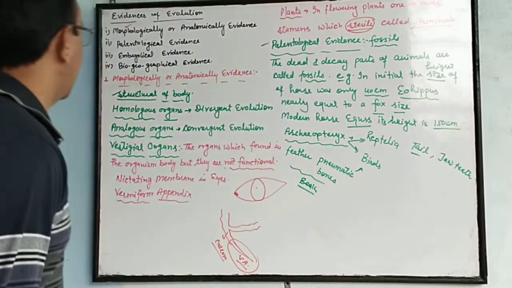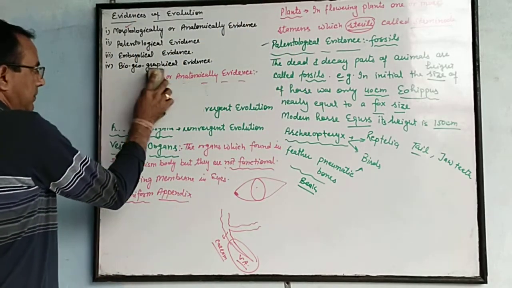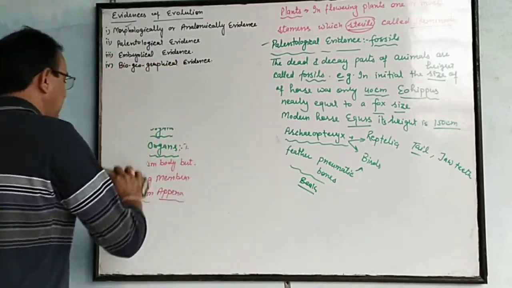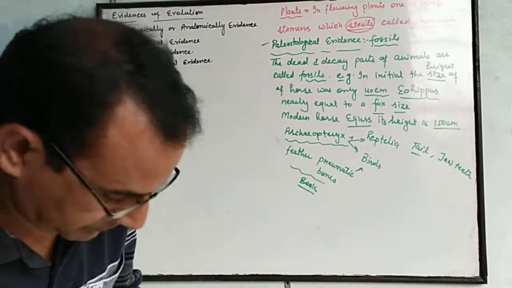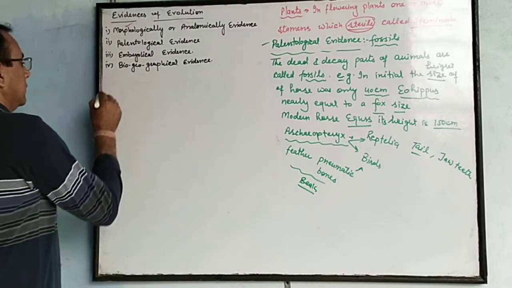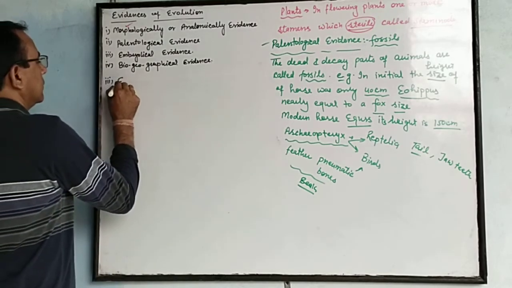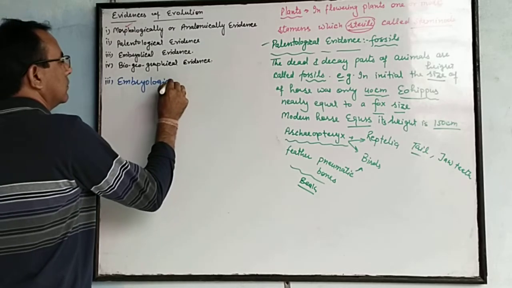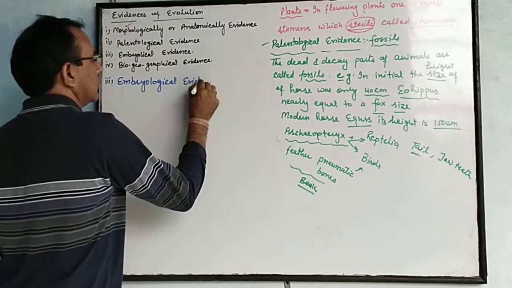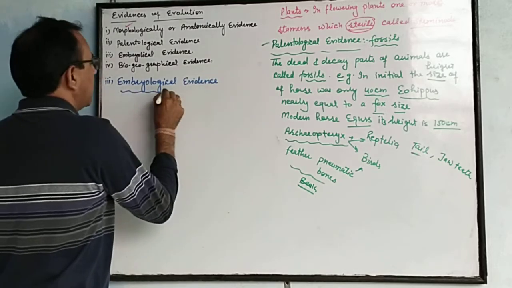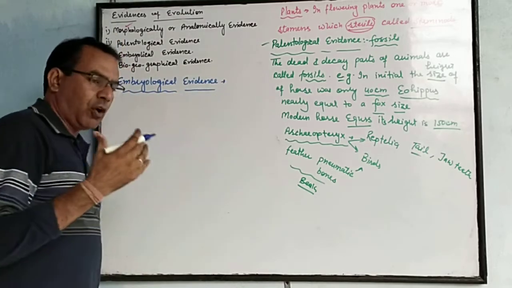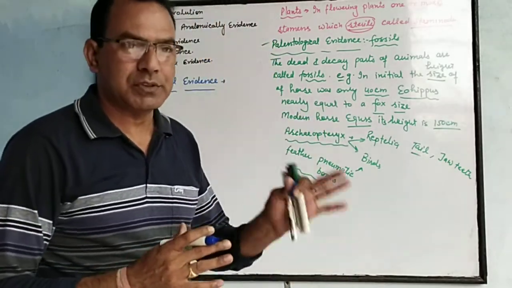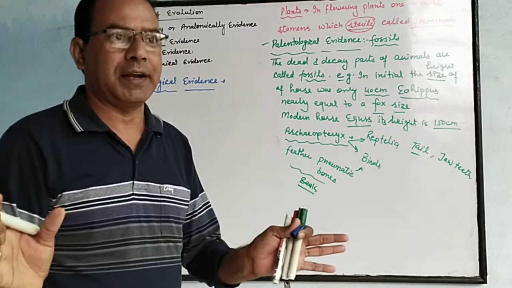The next evidence was Embryological evidence. Embryological evidence means the organisms which have a similar structure in the embryo stage, but are found in different categories.